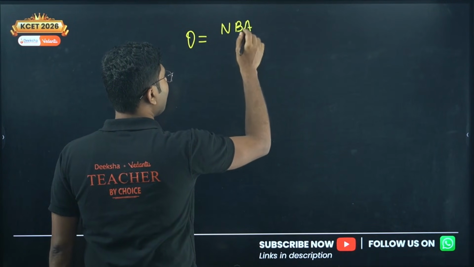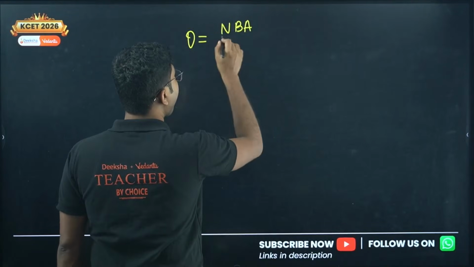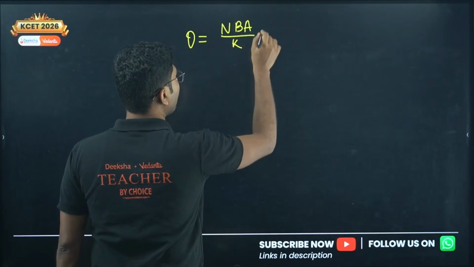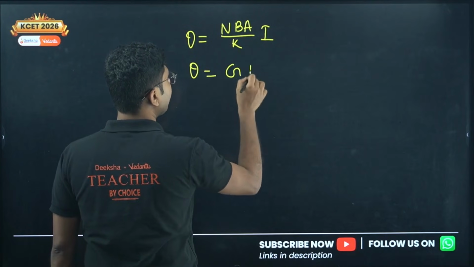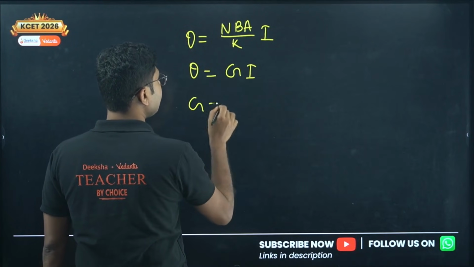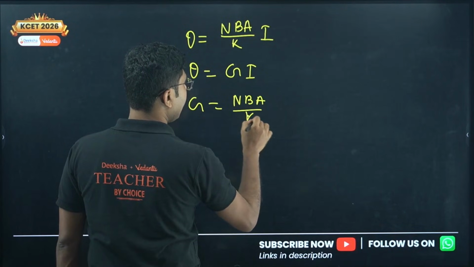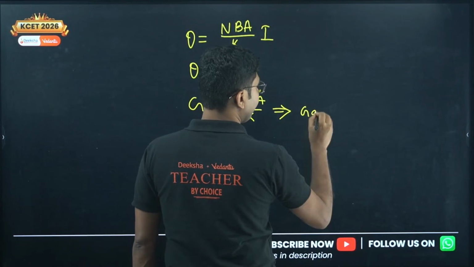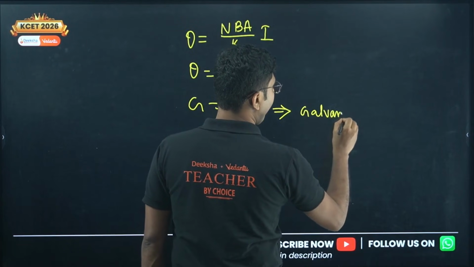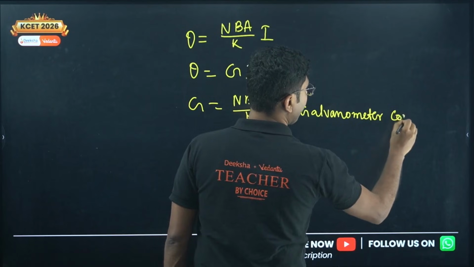Or theta equals NBA by K into I, or theta equals G into I, where G, which is NBA by K, is called the galvanometer constant.